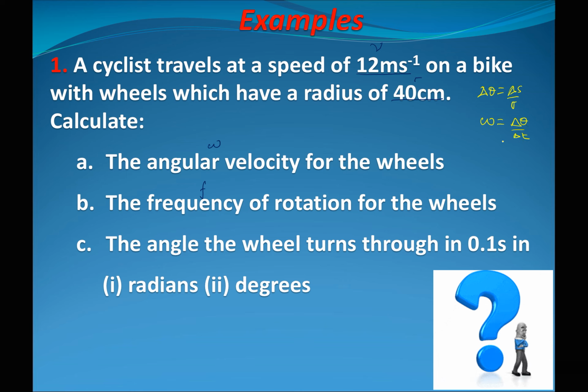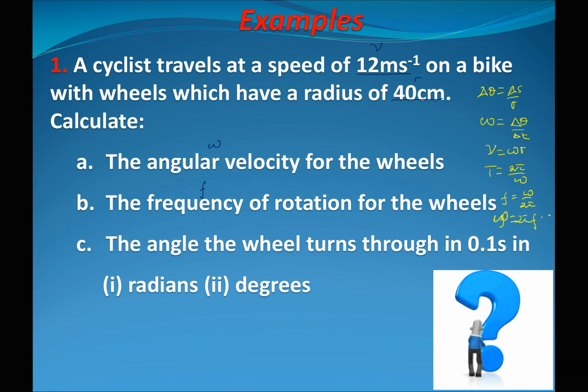We have also seen that v was equal to omega times r. We have also seen that the period is equal to 2 pi over omega, and the frequency was omega over 2 pi, or omega is equal to 2 pi times f. So if we have those formulas, then we can solve every question under this part.